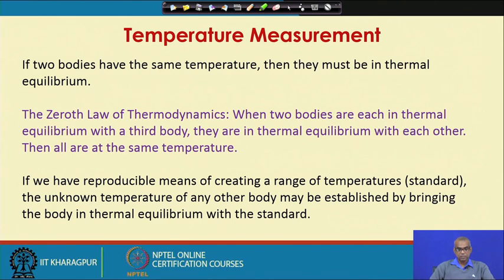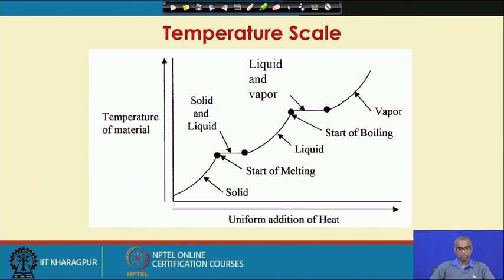If we have reproducible means of creating a range of temperatures which we call standard or fixed points, the unknown temperature of any other body may be established by bringing the body in thermal equilibrium with the standard. Now, these are some well known standard temperatures you are familiar with.